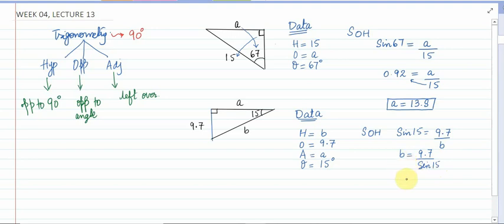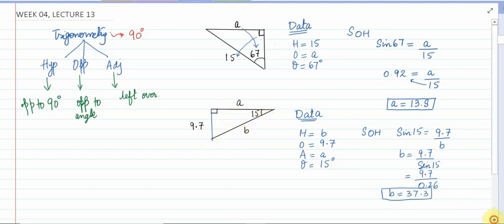We can find the value of sine 15. It's 0.26 and 9.7. Now we need to divide it. 9.7 divided by 0.26, it's 37.3, and the answer looks logical because hypotenuse must be greater than 9.7, as we know that hypotenuse is the longest length.